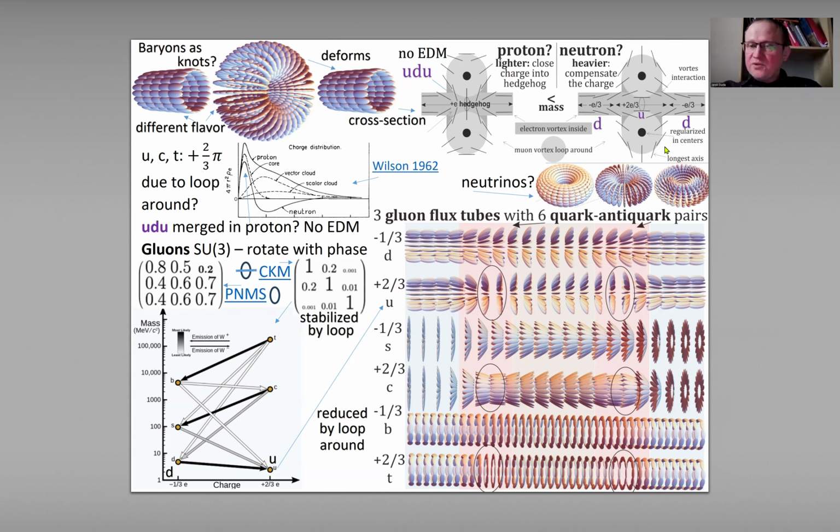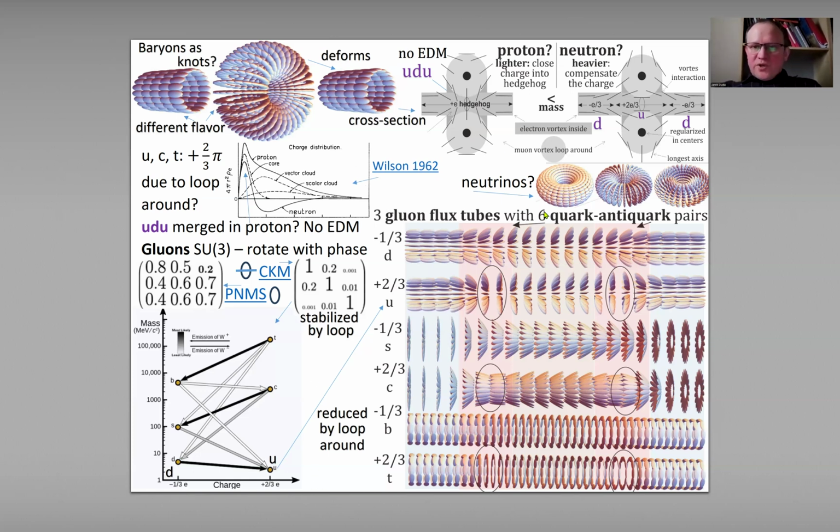This vortex around prefers, let's say, two thirds charge to get agreement with quarks, and the one thirds are required to compensate this two thirds charge. So without a vortex around it's one third, with a vortex around it's two thirds. And we can see why U is lighter, because it's energetically preferable to have this two thirds in the presence of this vortex. So that would be the preference why the U quark is lighter.